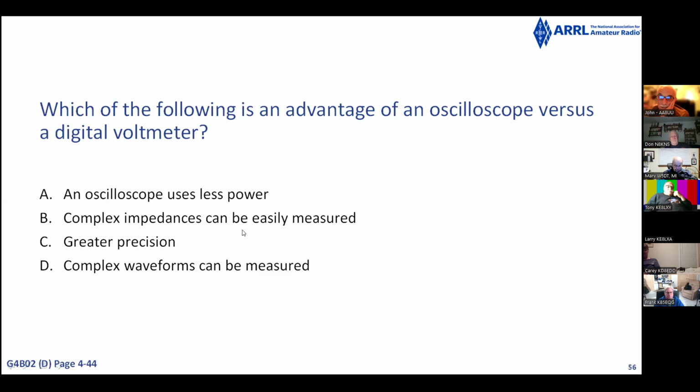Complex impedances can be easily measured. Luckily, they put the word easy in there because with a lot of work, you can probably measure complex impedances. Greater precision. Now, oscilloscopes are not known for precision. I mean, you can calibrate them and gain precision that way, but out of the box, who would trust them? So the answer is D.